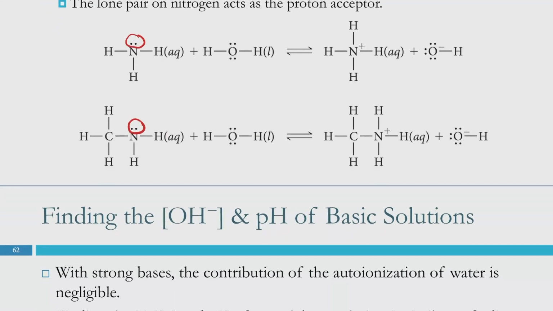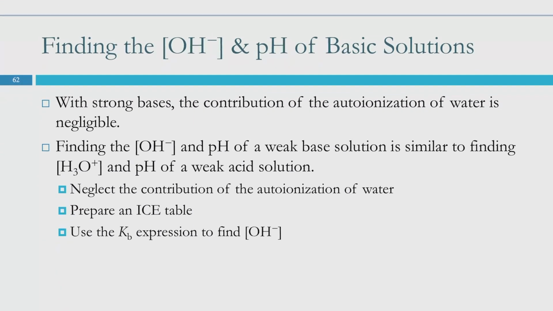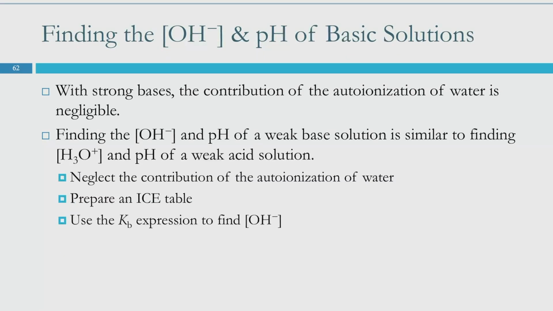Just like with our weak acids and our strong acids, we can find concentrations. So with our strong bases, the autoionization of water is negligible. So most of the time it'll be negligible. And finding the hydroxide and pH of a weak base is similar to finding the hydronium concentration and pH of a weak acid.